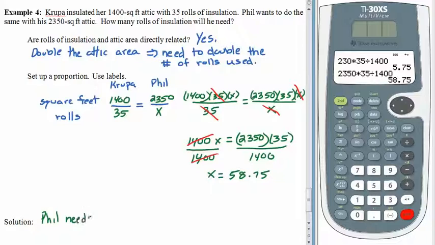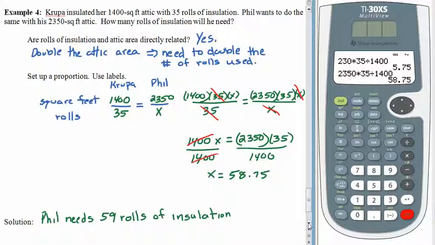Phil needs, let's say, 59, since you can't buy part of a roll of insulation. Well, maybe you can, I don't know, but certainly not at the store. It's pretty close to 59 anyway. So Phil needs 59 rolls of insulation.